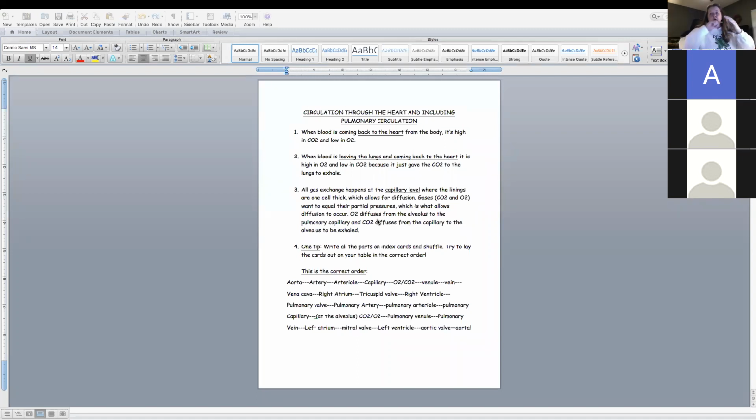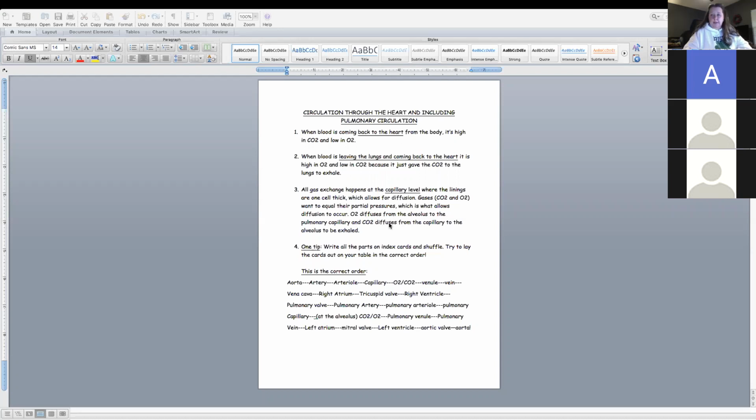Now when the blood leaves the alveolus, that capillary becomes oxygenated, high in oxygen and low in CO2. Then the alveolus, right after that, is high in CO2, the animal exhales, and it keeps repeating itself.